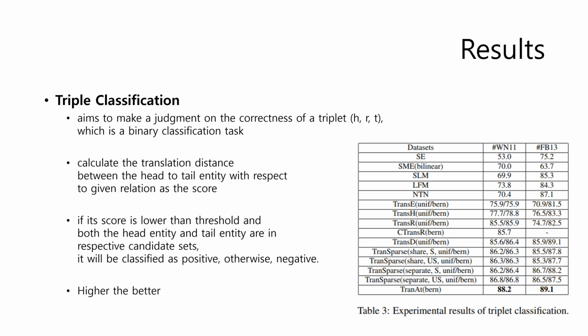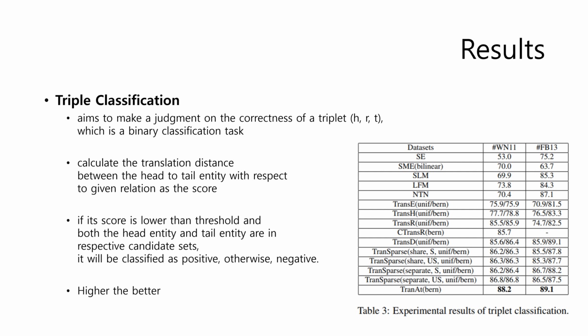For triplet classification task, we need to learn threshold zeta R for each relation R. When judging triplet is correct or not, we just calculate the translation distance between the head entity and tail entity with respect to given relation as the score. For given triplet HRT, if its score is lower than threshold zeta R, and both our head entity and tail entity are in respective candidate sets, it will be classified as positive, otherwise negative.